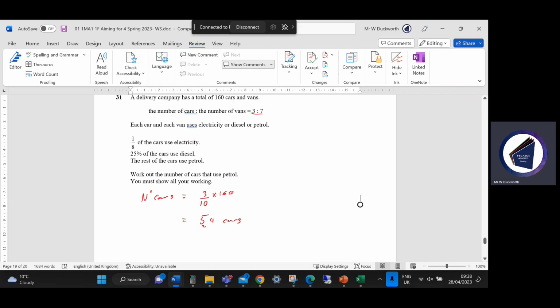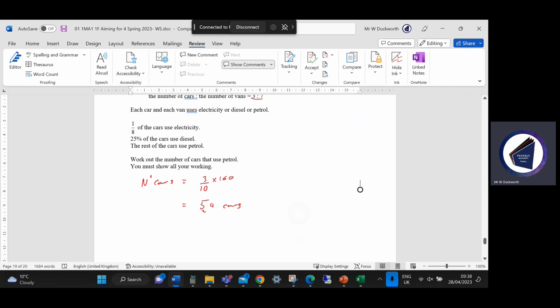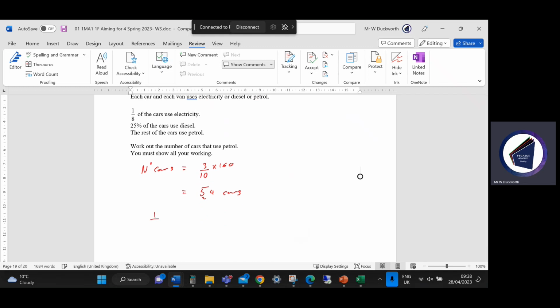Double checking my working here. 1/8 of the cars use electricity. So 1/8 times by 54 is going to be equal to, well, 54 divided by 8.